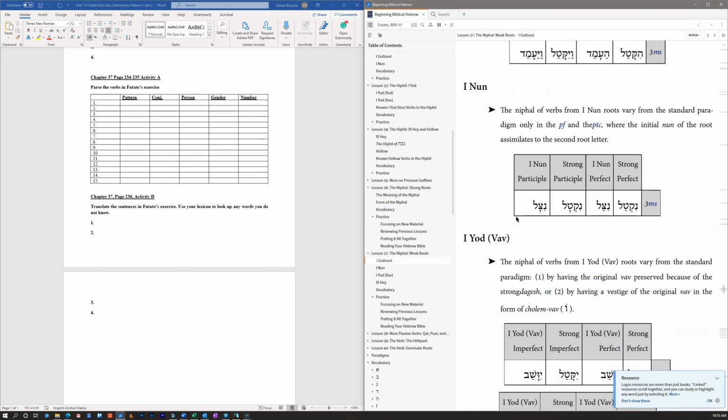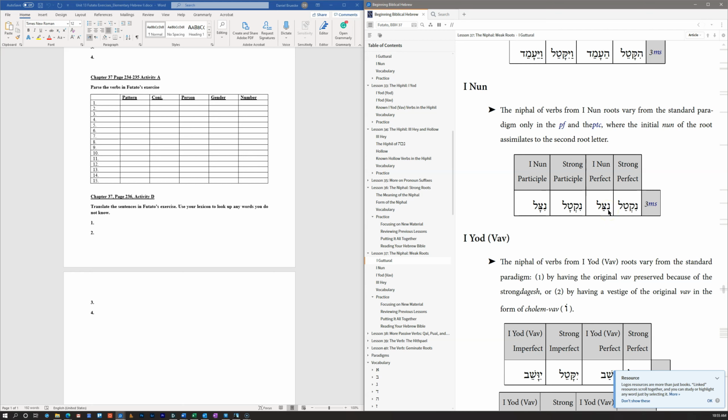What about one nun? Well, the tricky thing with the one nun is you've got two nuns. So let's look at the perfect. You've got a nun that's already assimilated. This is your R1 nun. Now the Niphal prefix comes on the front.